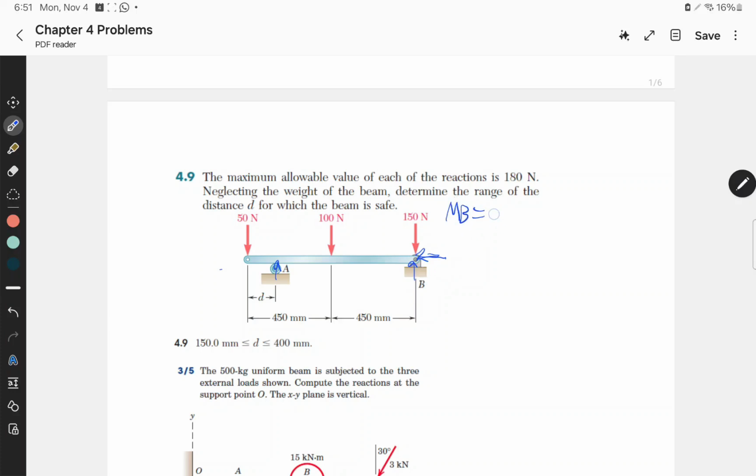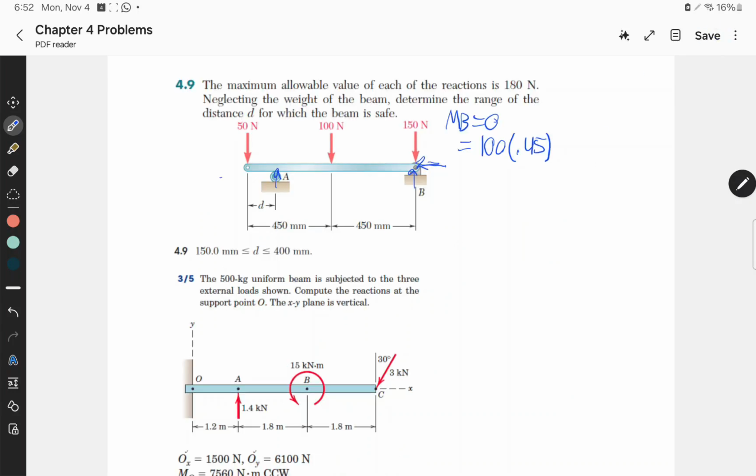So moment about B equals 0, and this is gonna be equal to 100 times 0.45, because we're gonna put in meters. Yeah, that's meters.